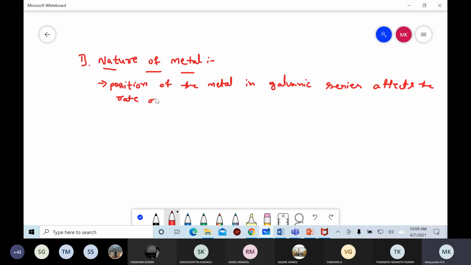Galvanic series means it is an arrangement of metals on the basis of the corrosion of the metal.